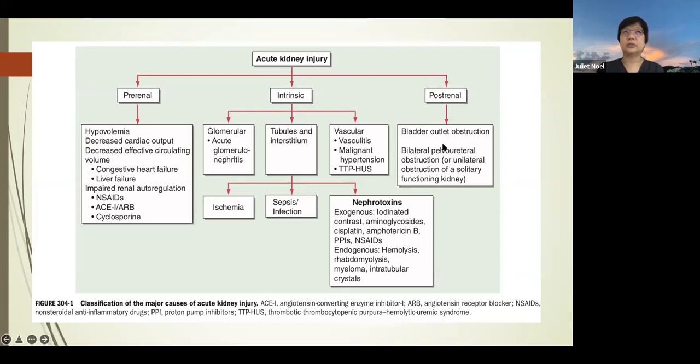It is either from the prostate causing bladder outlet obstruction, or bilateral kidney stones, a ureteral stone on one side and the other side, or both ureteral stones, or unilateral obstruction but on a solitary functioning kidney. That would cause a post-renal AKI.